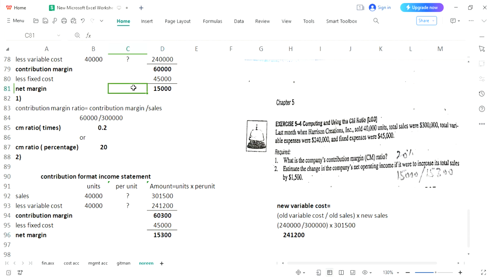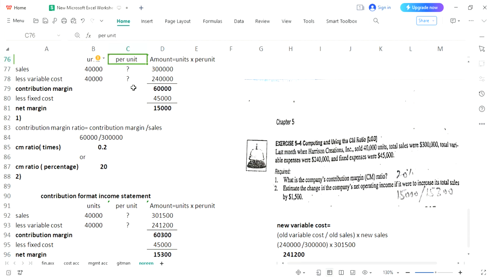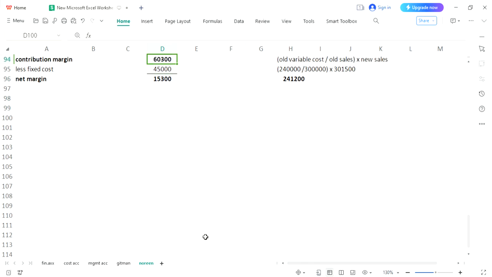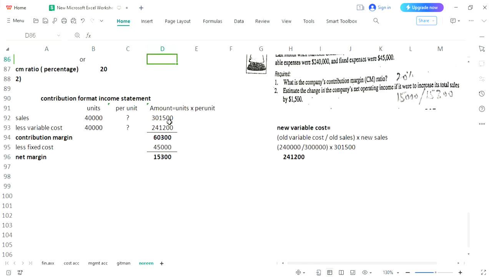And what you have done over here, he was asking to make a comparison with old and new sales. Estimate the change in company's net profit income. This was our question. So what change had come? Initially you were calculating your net margin when sale was 3 lakh, it was 15,000, and then you have calculated your new sales when your sale has been increased to 3 lakh 1500 and your net margin had become 15,300.